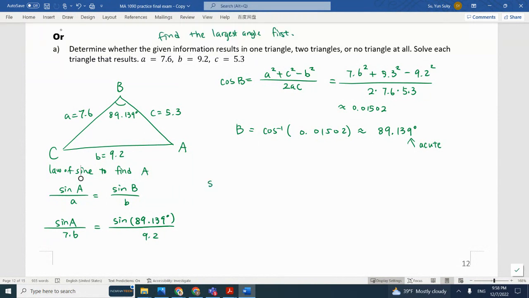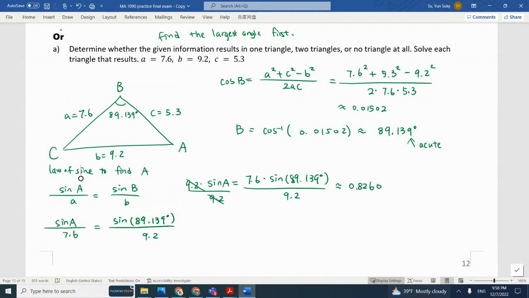So we get sine A equals, cross multiply. Okay, so 9.2 times sine A is 7.6 times sine 89.139 degrees. Both sides divided by 9.2. So sine A is approximately equal to 0.8260.